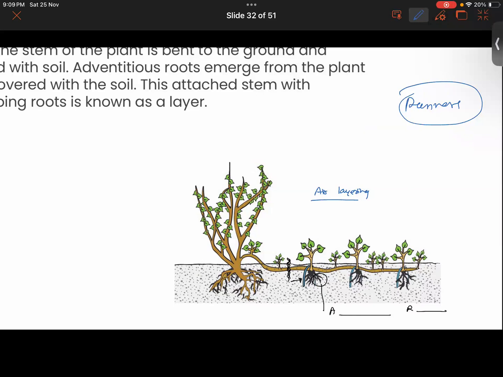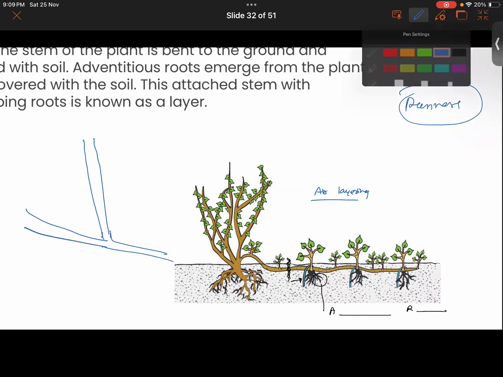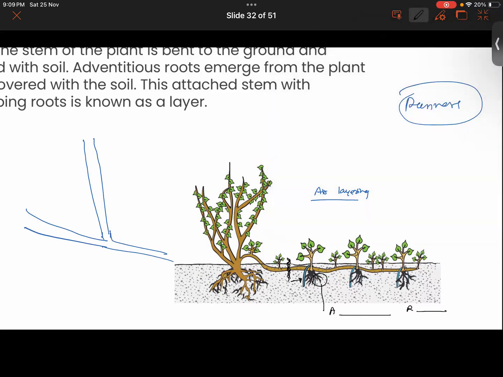We do air layering. We will basically take some soil, like this, and then wrap this part of the branch with polythene.